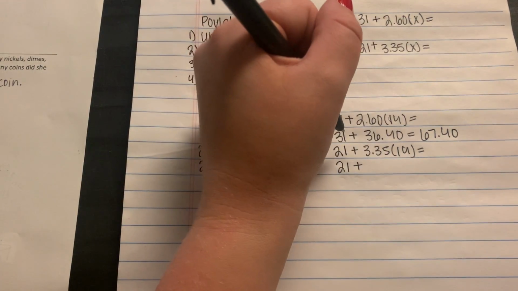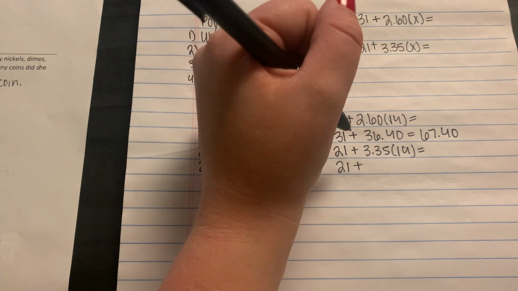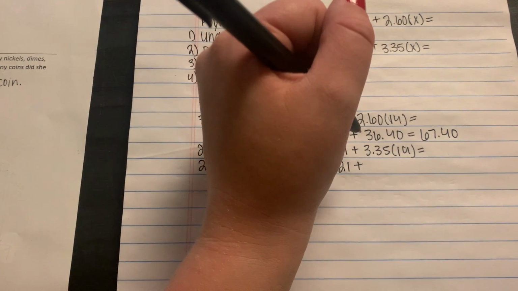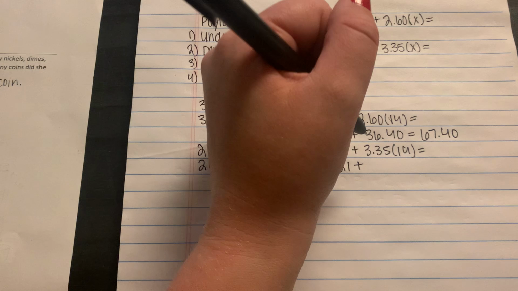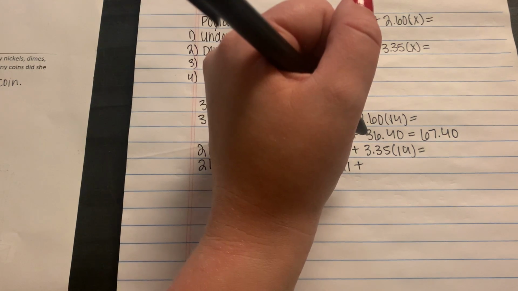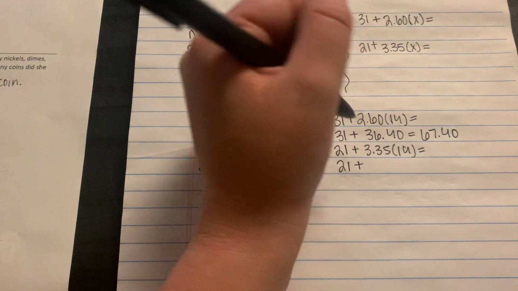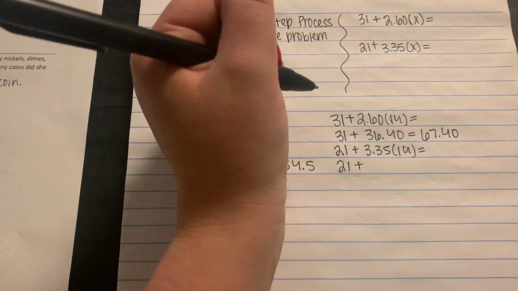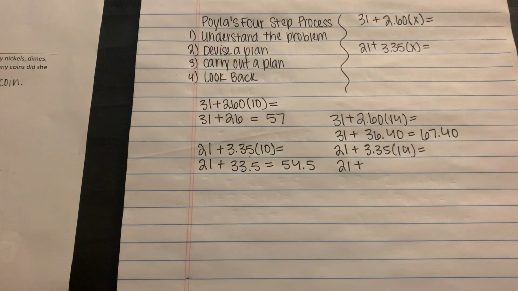Now for this one, we just drag the 21 down. 3.35 times 14 is gonna be, I believe, I'm doing the math in my head, excuse me.